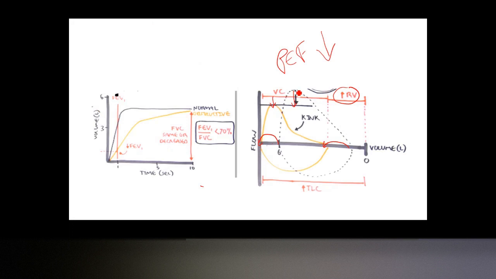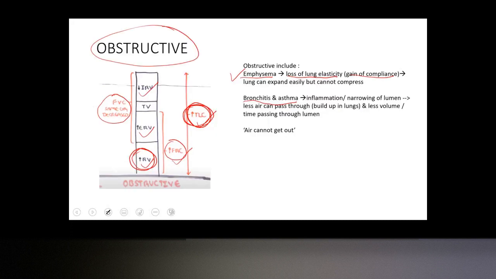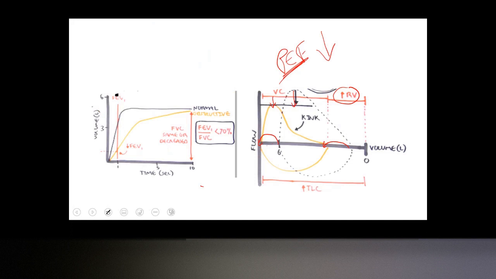But the PEF depends upon how fast, or how much volume per unit time, you can exhale. Let's take the example of bronchitis and asthma. There is narrowing of the lumen. When there is narrowing of the lumen, less volume can pass through per unit time. Because of which the ability of the person to forcefully exhale the air out is less.